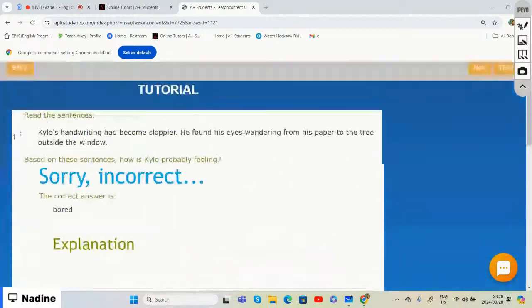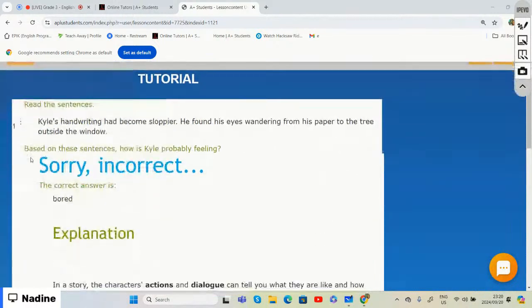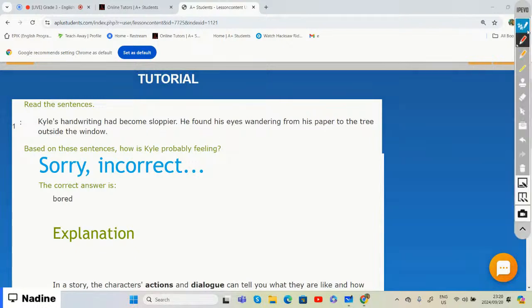All right, it says Kyle's handwriting had become sloppier. So Kyle's handwriting has become sloppier. He found his eyes wandering from his paper to the tree outside the window. If somebody's handwriting has become sloppier, they are not being focused, right?